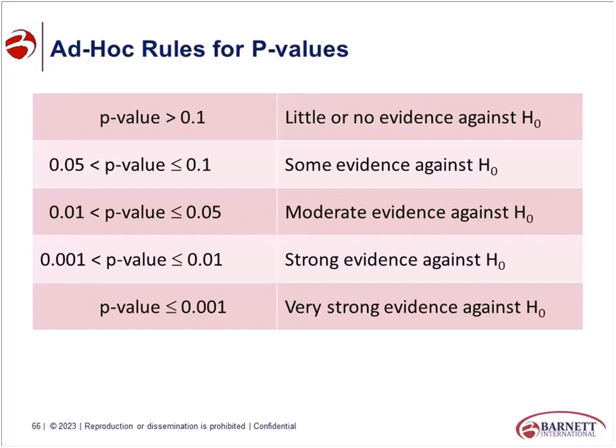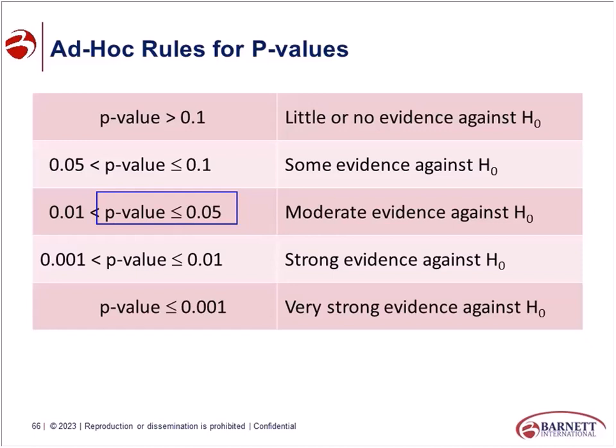If the p-value is much smaller, you get strong evidence, and if you have p-values less than 0.001, very strong evidence. Okay, so again, just to say that the p-value is less than 5% or 0.05 is insufficient. You actually need to start looking at how big or how small that p-value is.